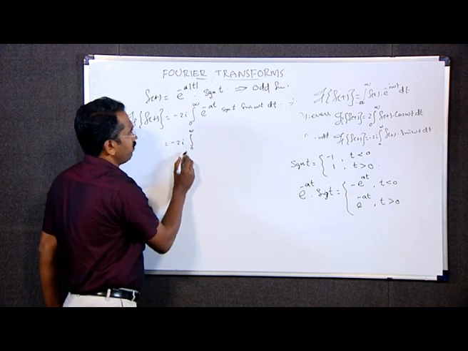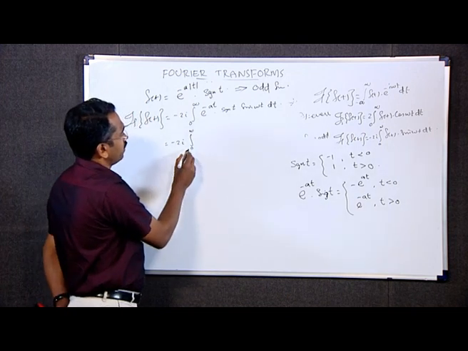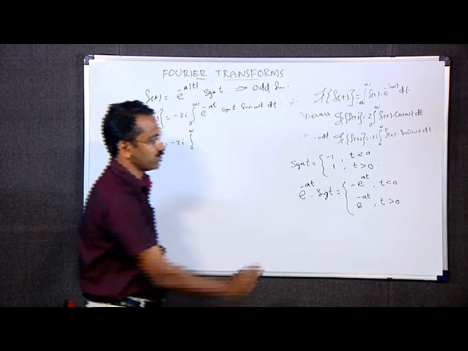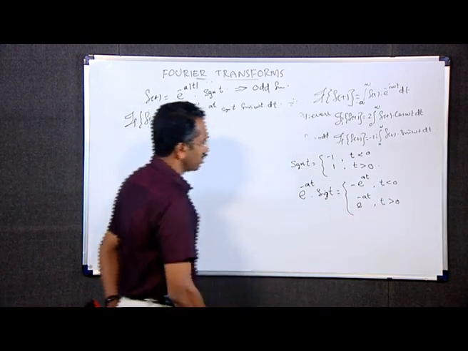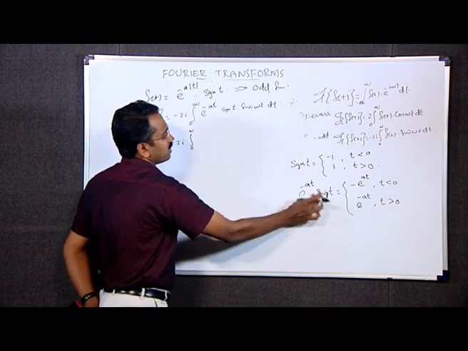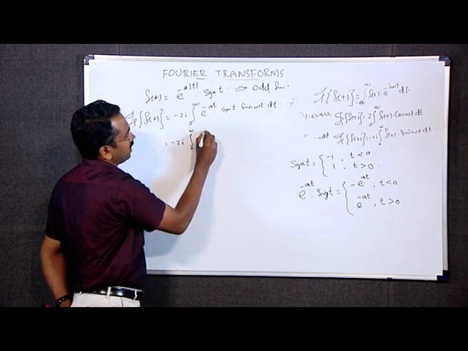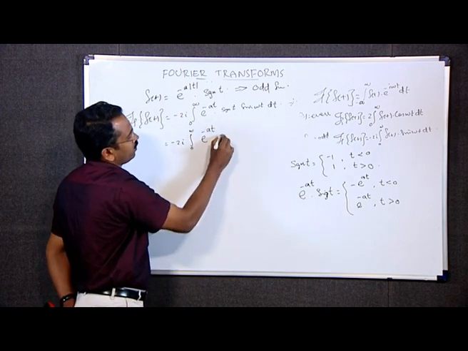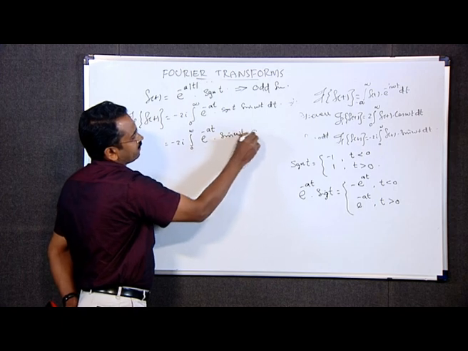Therefore, we can write here integral from 0 to infinity, 0 to infinity means t greater than 0, e raised to minus a t into signum t is e raised to minus a t into sin omega t dt.